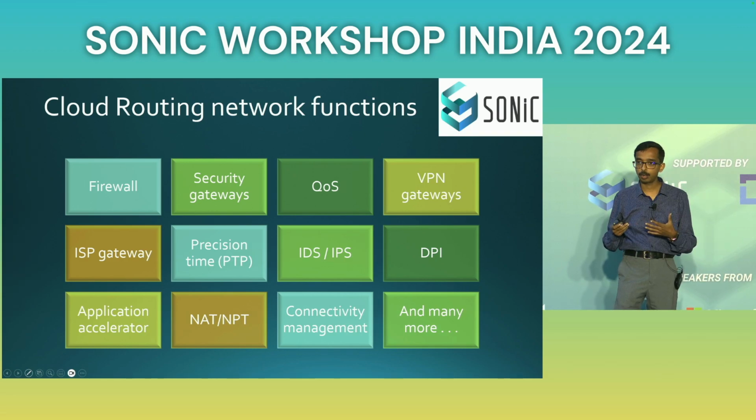Then there are use cases for various gateways in these systems, primarily as an ISP gateway, a secure gateway, or a VPN gateway. QoS is mostly applied on these access devices. This is not an exhaustive list, but an indicative list of what is really different in the space where we are talking about the applicability of SONiC in the virtual cloud routing area.